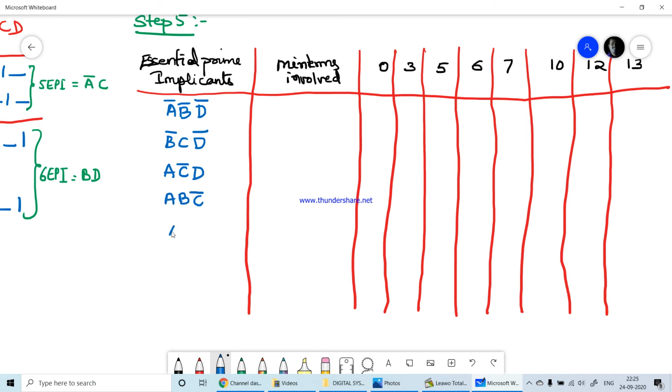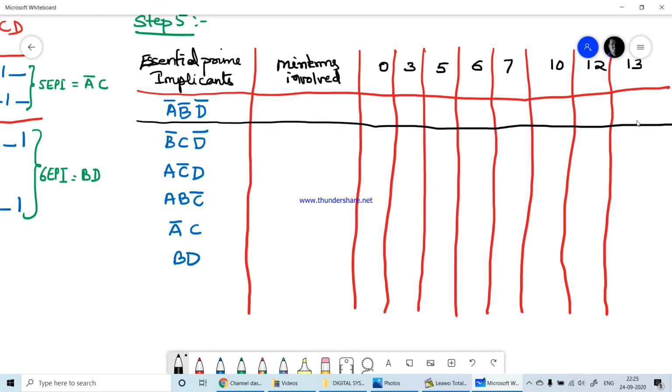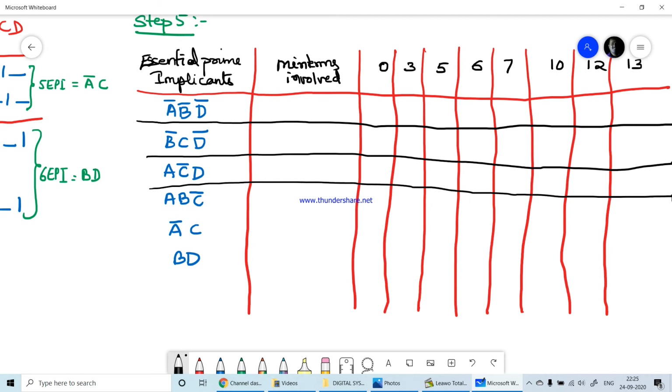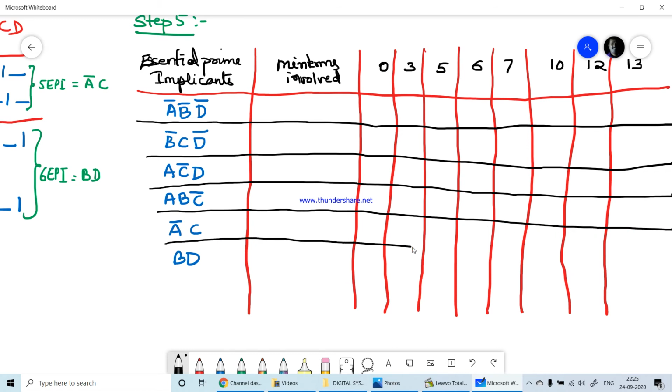Then we have A bar, C, and BD. I'll put separate lines here so that we can differentiate the different terms.